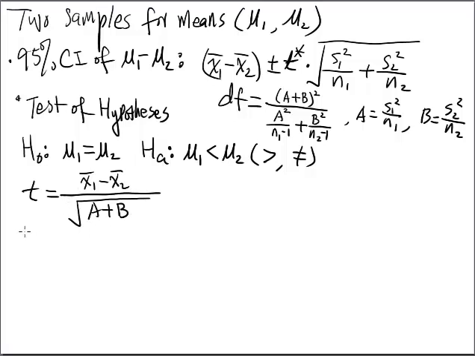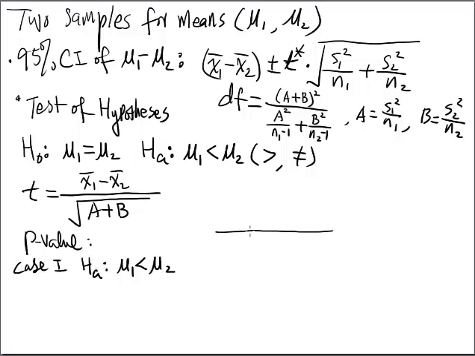Now the p-value. Okay, case 1, HA is mu1 less than mu2. So I'm going to draw the curve right here. Okay, you don't need to draw the curve a few times. This is t. Keep in mind, if your t is negative, you gotta use symmetry. The p-value is the left side.